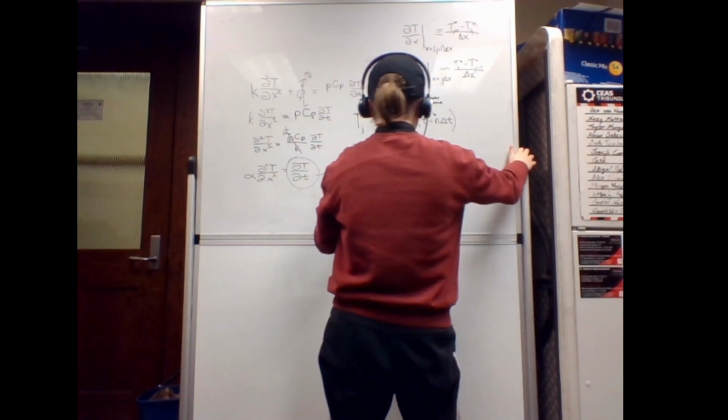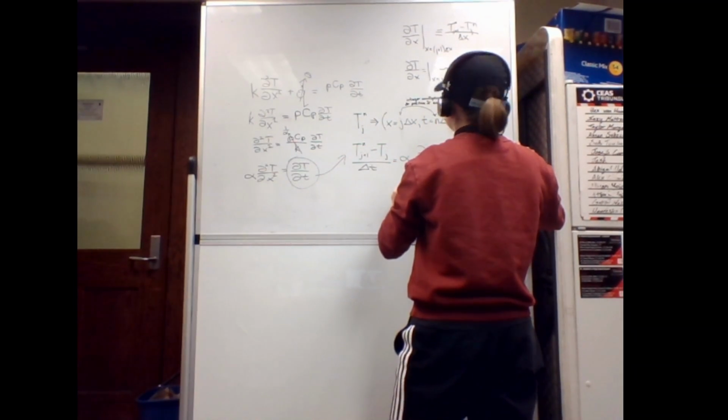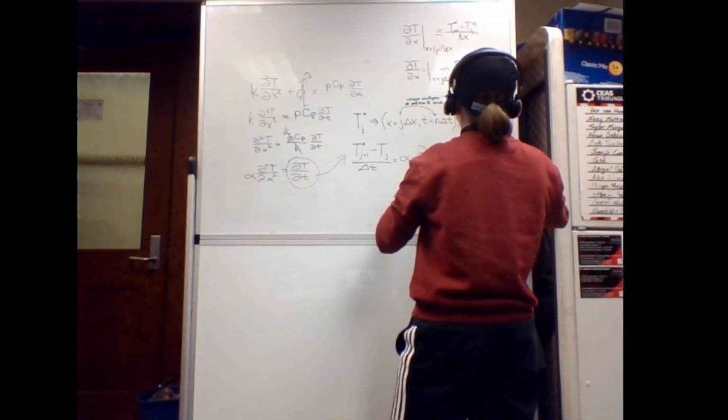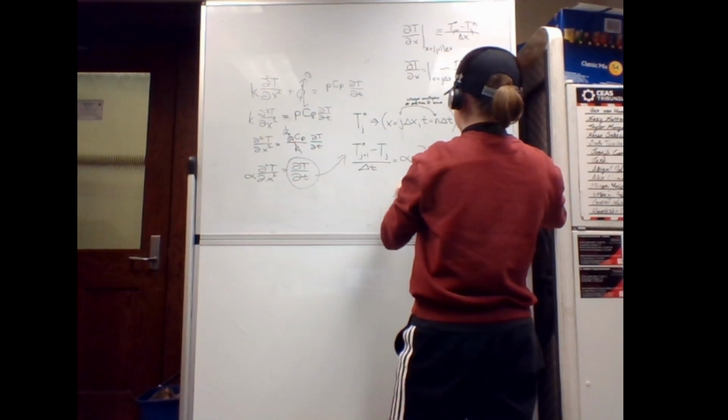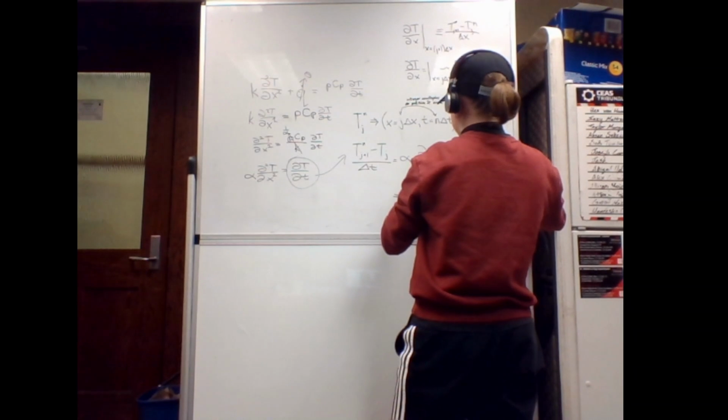Alright, so now we can open this up a little bit more. We can have this equal to, we're going to subtract these from each other all over the change in position.